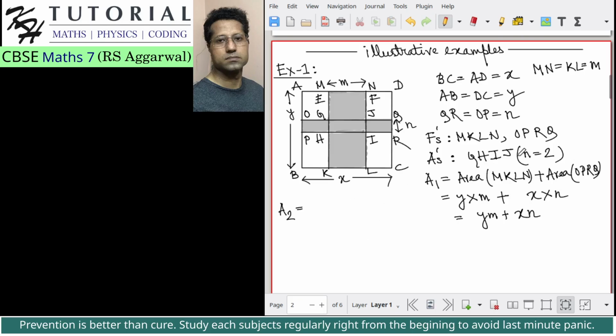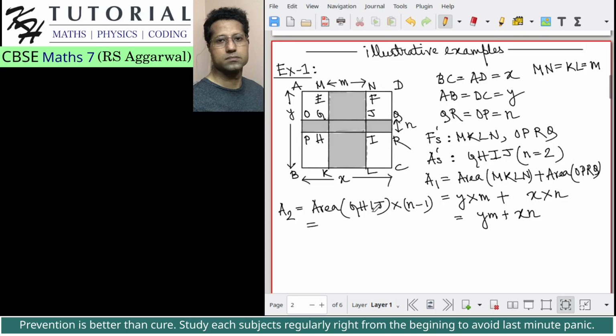We have only one sub-region, which is the rectangle GHIJ. So A2 will be the area of GHIJ multiplied by n minus 1.